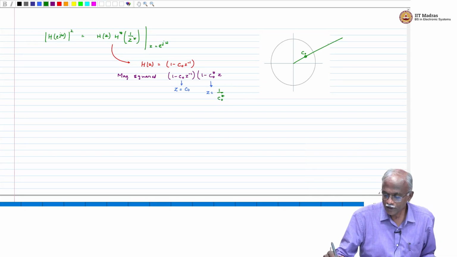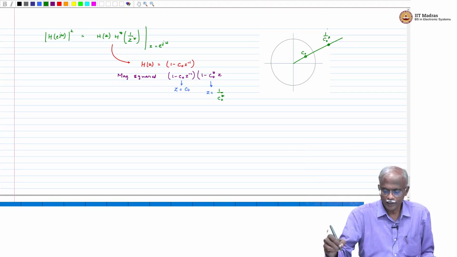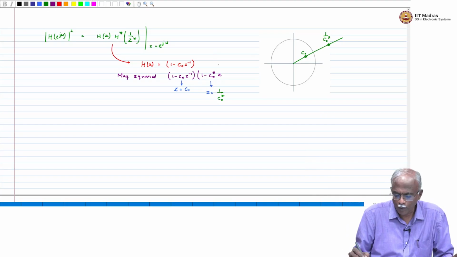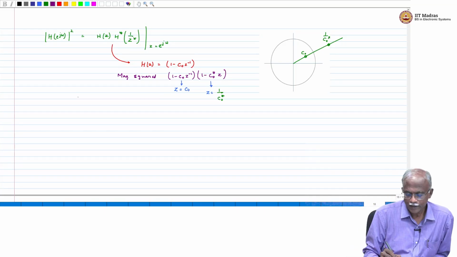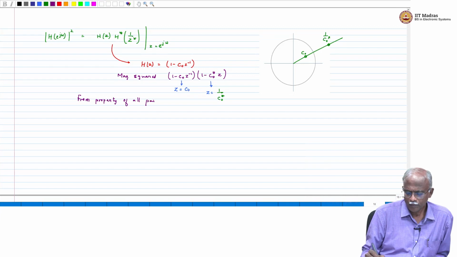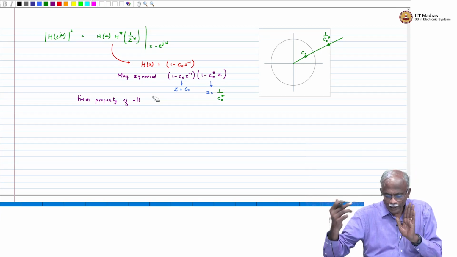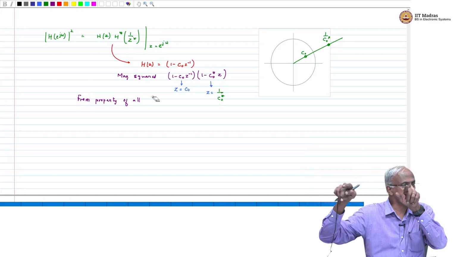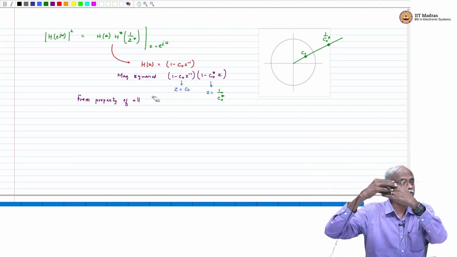Now, where is 1/c₀*? It is at the reciprocal location with the same angle, because you have taken the conjugate, so the reciprocal conjugate. Now, if you remember the property of all pass functions, the zero inside the unit circle and the zero at the reciprocal conjugate location have the same magnitude response. That's why the ratio gives you an all pass function.